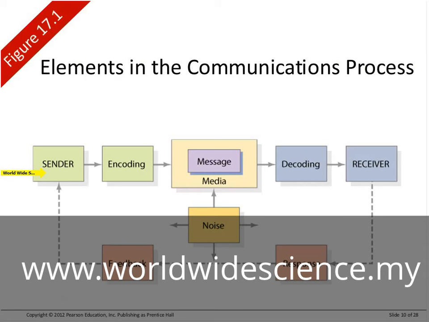A good example for encoding and decoding is translating from one language to another. To get the message, you need to decode the message into your language, because, for example, a Chinese man wants to send you a message in the Chinese language, for example in Mandarin.